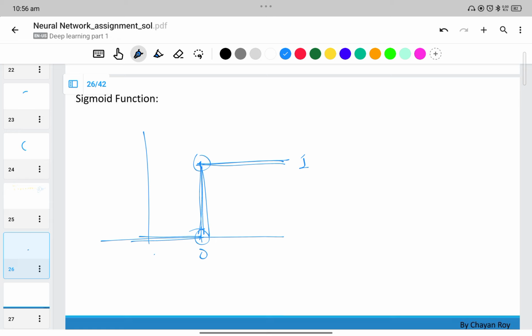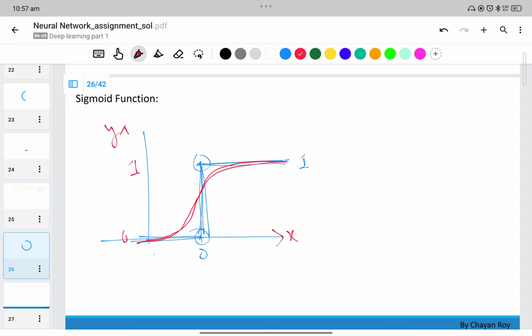We need something smoother, so that whenever we calculate a differentiation, we will not have any problem. So we take a function something like this. This is 1, this is 0, this is the output y, this is x.